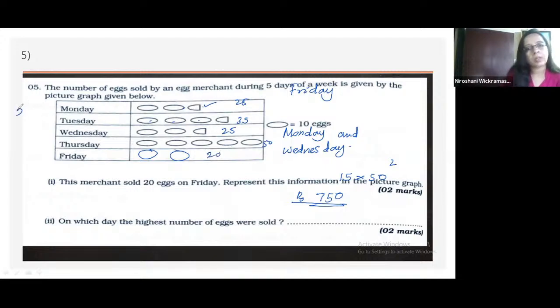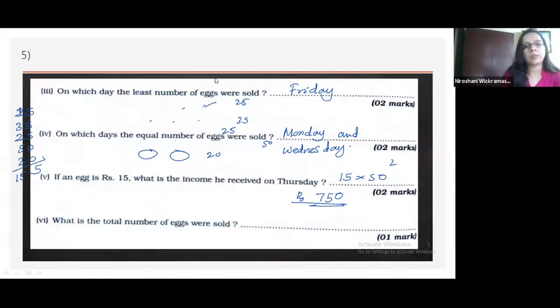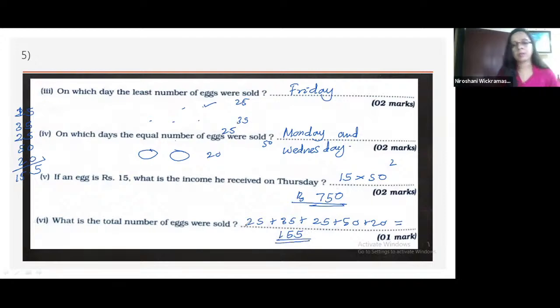Let's add this all together: 25, 35, 25, 50, 20. 5 and 5, 10 and 5, 15. 1 remaining, 3 and 3, 6, 6 and 2, 8, 8 and 5, 13 and 2, 15, 155. 155 eggs, right? You can show the method: 25 plus 35 plus 25 plus 50 plus 20 equals 155. Total number of eggs he sold is 155.